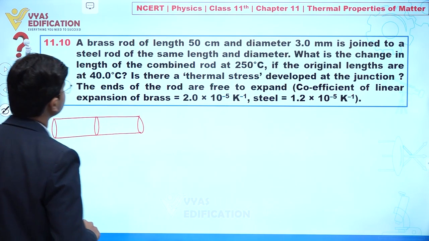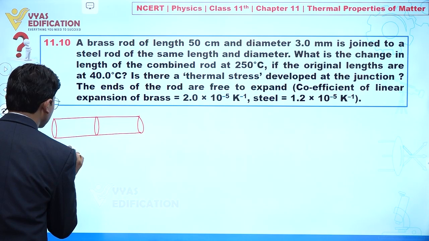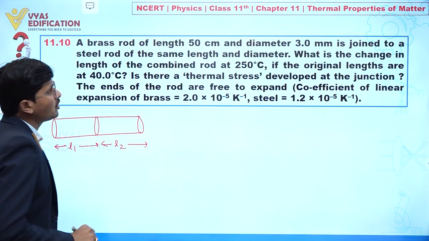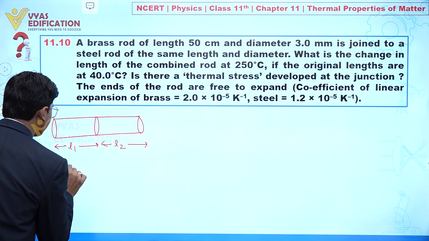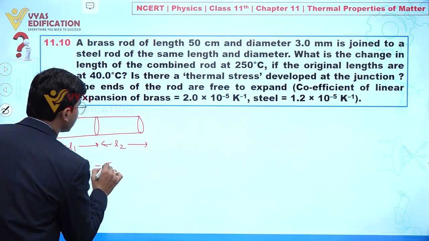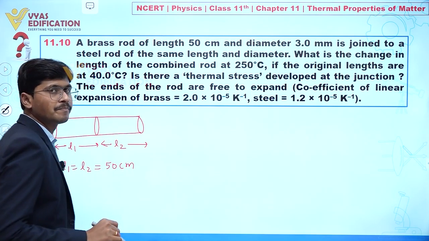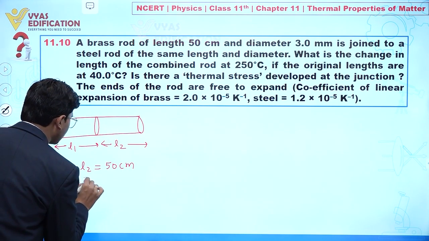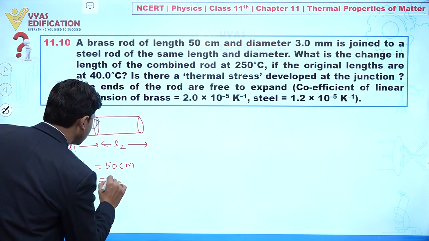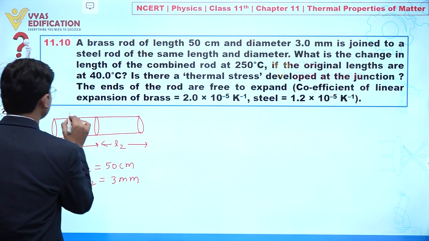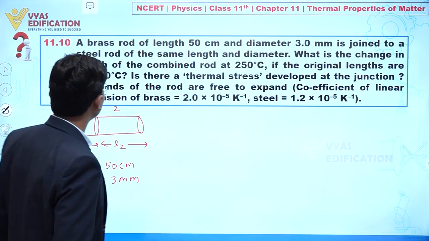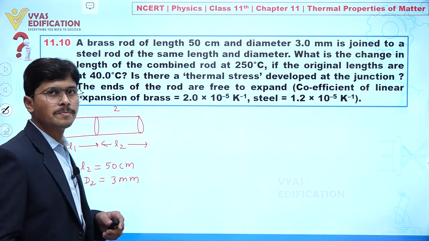The brass rod has length L1, and let's suppose this is L2. According to the given question, L1 equals L2, equal to 50 cm. And the diameters are also given, D1 equal to D2, equal to 3 mm. Let's suppose this is 1 and this one is 2. 1 I am denoting for brass and 2 I am denoting for steel rod, clear?